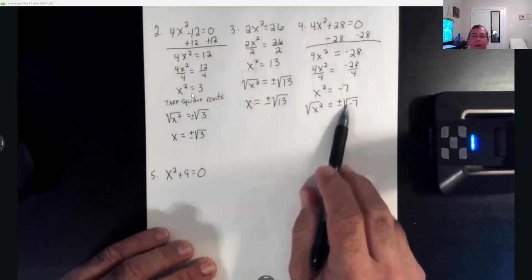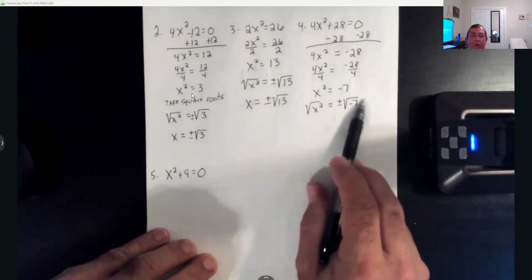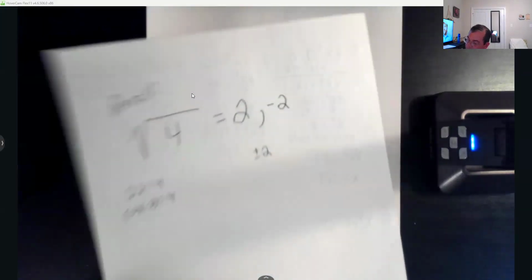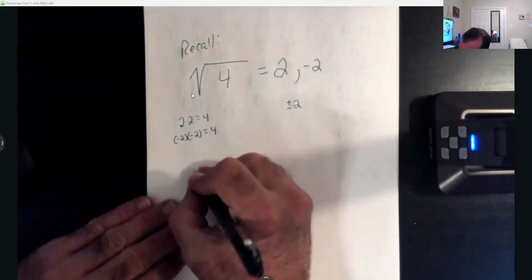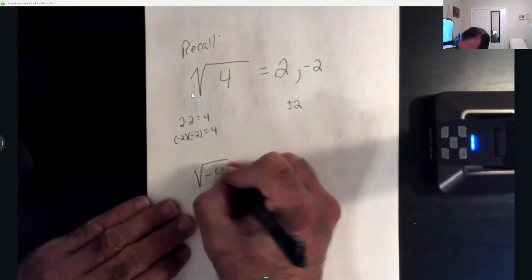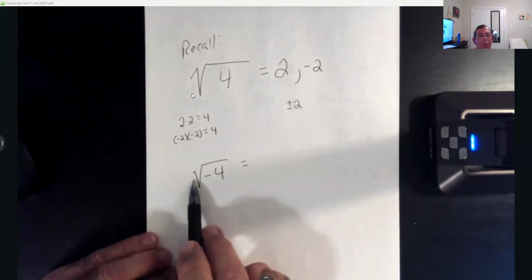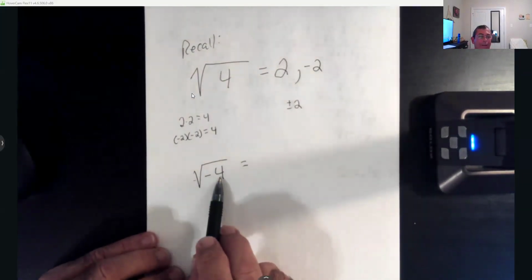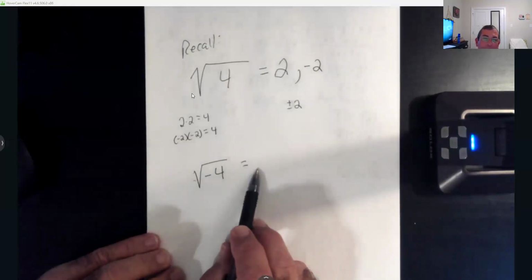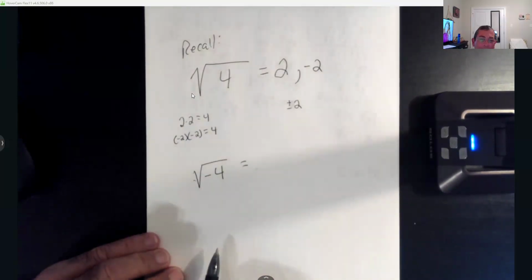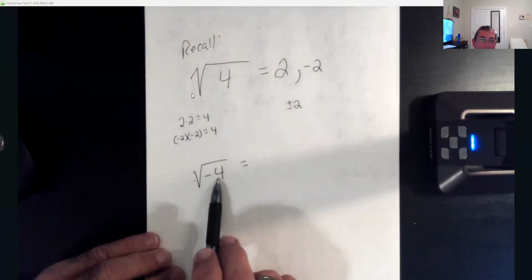So y'all got practice. Let me give y'all a little refresher on these negative numbers here. So what is the square root of -4? Well, y'all, that's not 2 because we said 2 times 2 was 4. So is it negative?